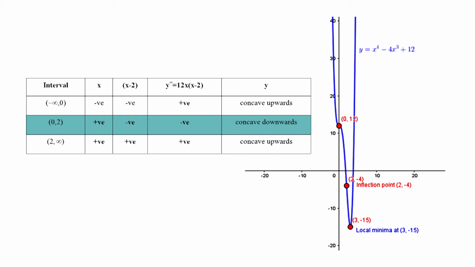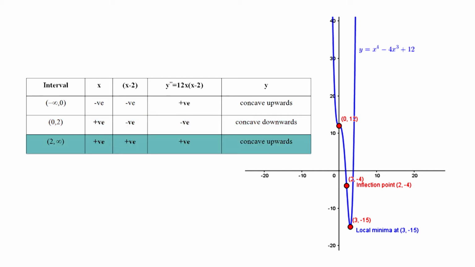In the interval 0 to 2, x is positive, x minus 2 is negative, and hence y double dash is equal to 12 x into x minus 2 is negative, so that y is concave downwards. In the interval 2 to infinity, x is positive, x minus 2 is positive, and hence y double dash is equal to 12 x into x minus 2 is positive, and hence y is concave upwards.